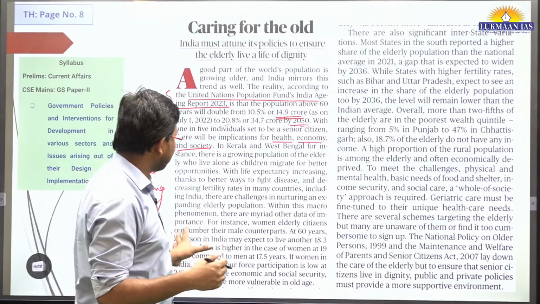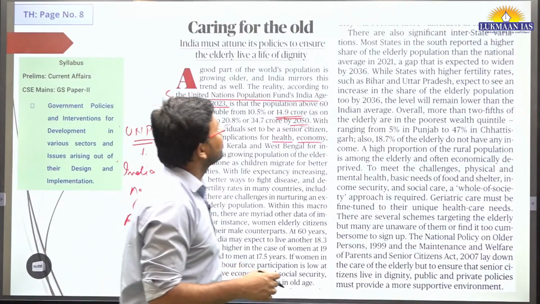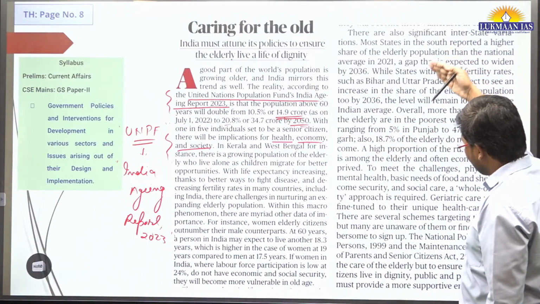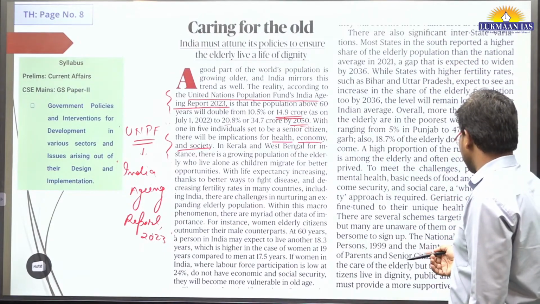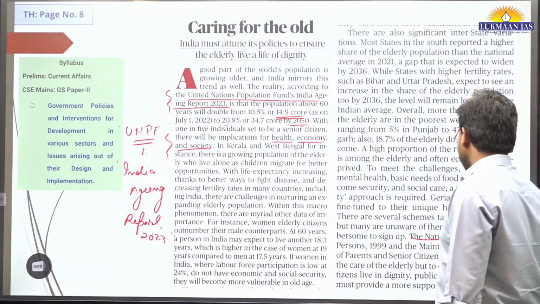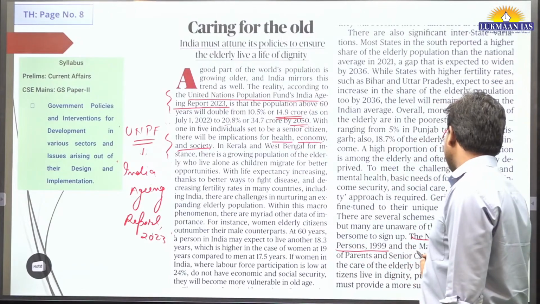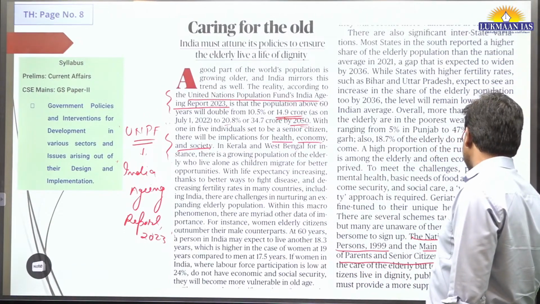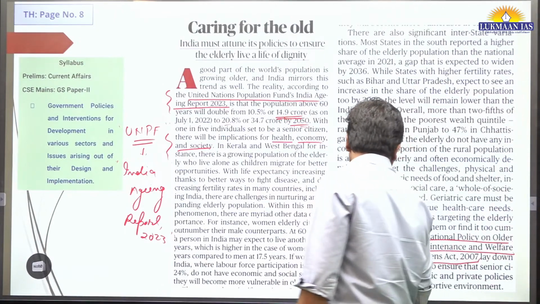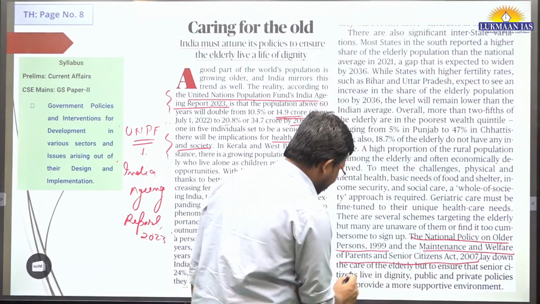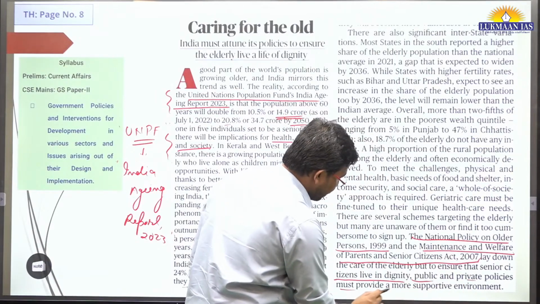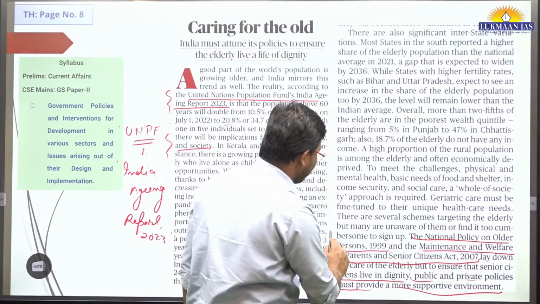So that is mentioned in this article itself. They say that care should be increased, and they have talked about data of different states also. Okay, so the National Policy on Elderly Person 1999 and the Maintenance and Welfare of Parents and Senior Citizen Act 2007 lay down the care of the elderly, but to ensure that senior citizens live in dignity, public and private policies must provide a more supportive environment.